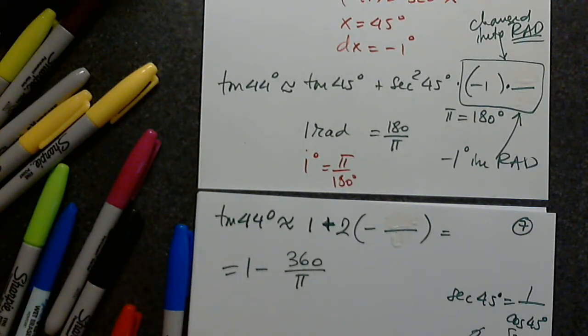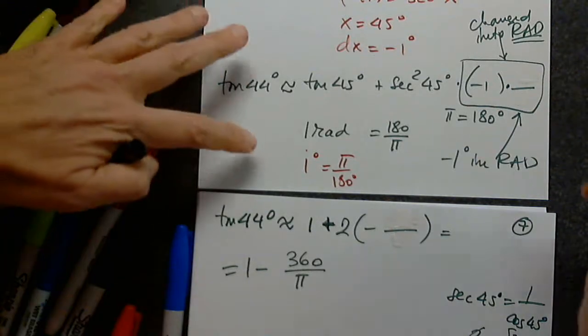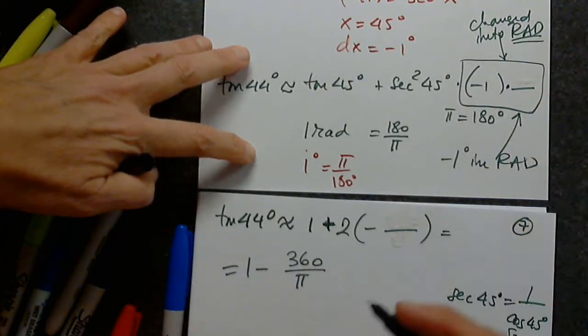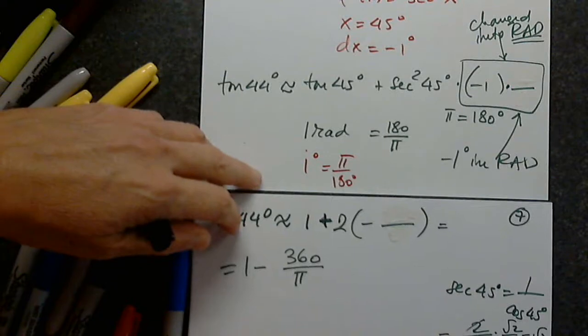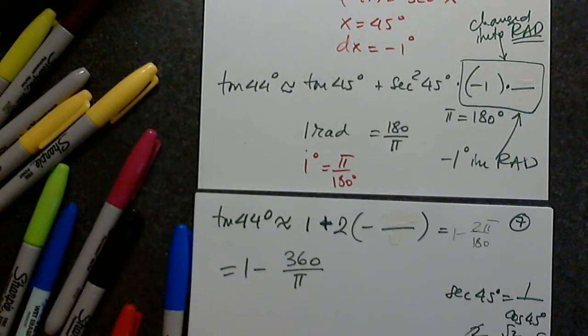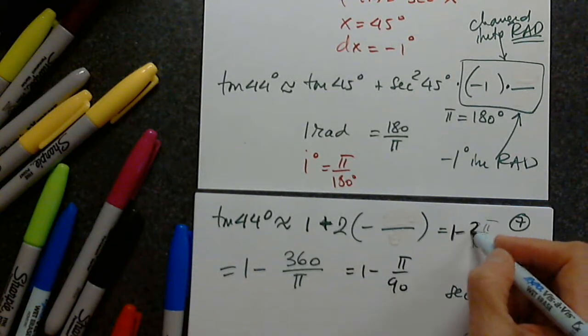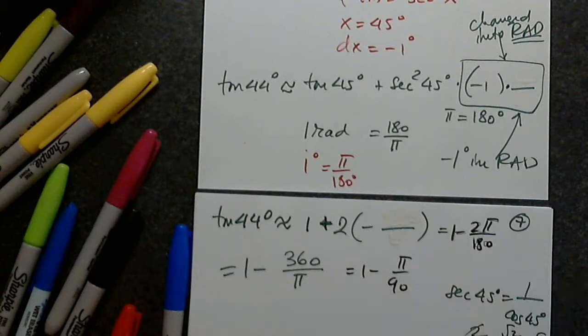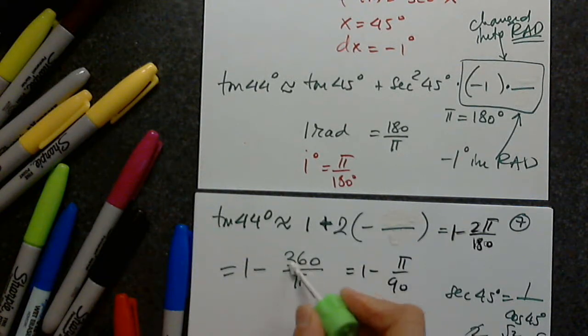Okay, so let's change. I have to let it dry for a second. So I have to write pi over 180. So 1 minus 2 pi over 180. Or you can simplify, pi over 90. That's even better. So this is 1 minus pi over 90. And I'm going to erase this altogether.